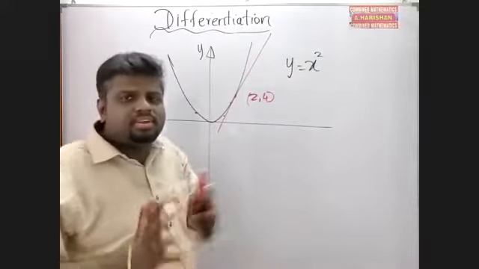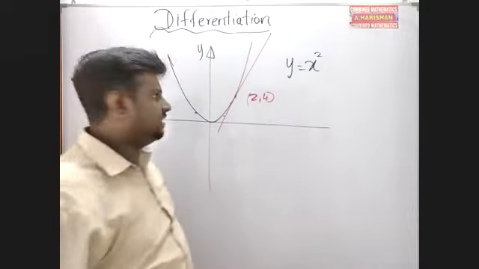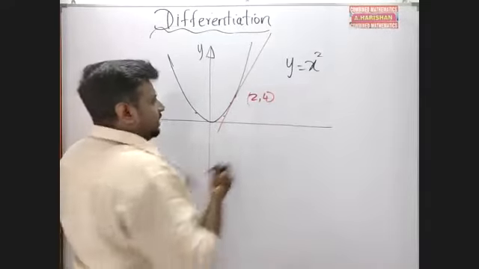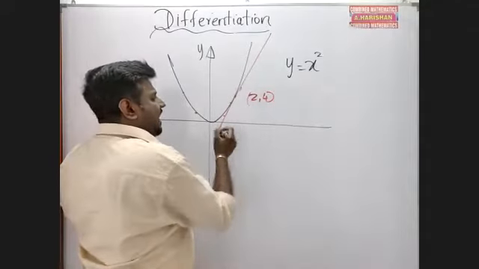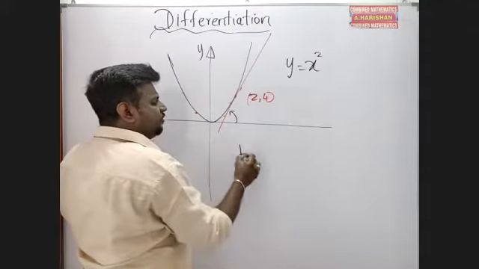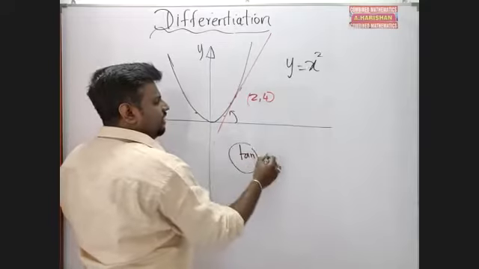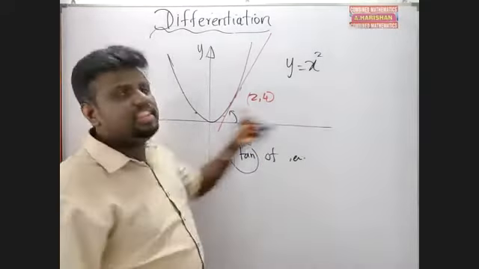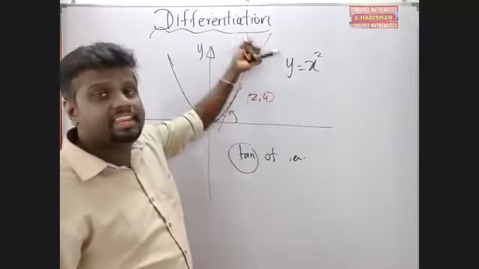So first of all, how to get the gradient? What do you mean by gradient? Gradient is the tan of the angle between the positive x-axis and the line.